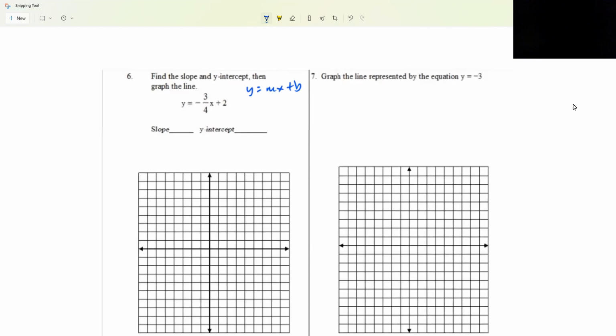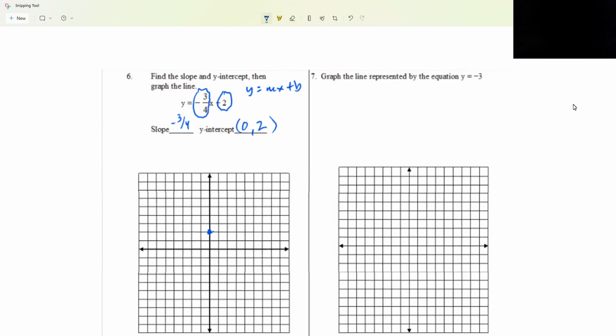Okay, so there's your slope right there. So -4. There's your y-intercept basically. So 0, 2.